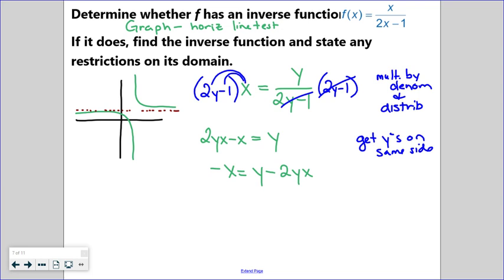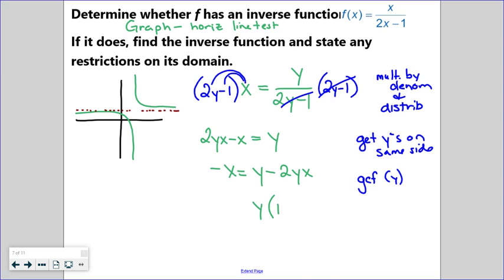The side where everything has a y, your next step is to factor out that GCF. So they all have a GCF of y, and I'm going to pull that out to the front. When I factor a y out, there should be still two terms left, something minus something. Well, this first one, if I factor y out, all that's left over is 1.